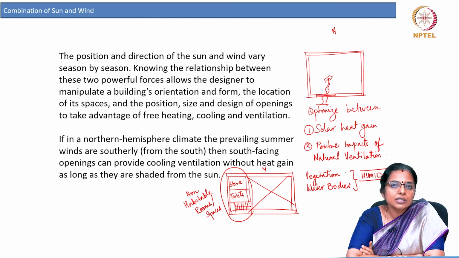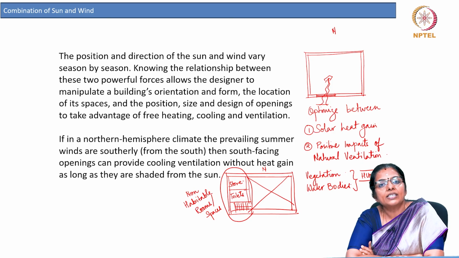Today we saw just a glimpse of all the passive techniques that we can use, and we started with the introduction of how orientation can form an important passive element and determining factor. In the next class, we will see how orientation and form can be used as a passive technique for a better design.